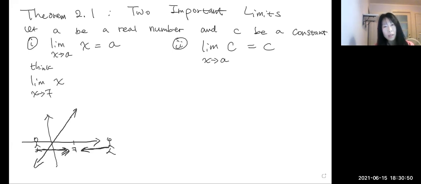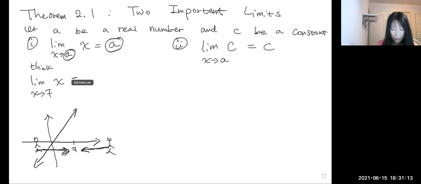Limit means we evaluate the function, right? So what do you get? 7, right? So when x approaches a number, we get the number. So it will be 7, the number. Can you see that?